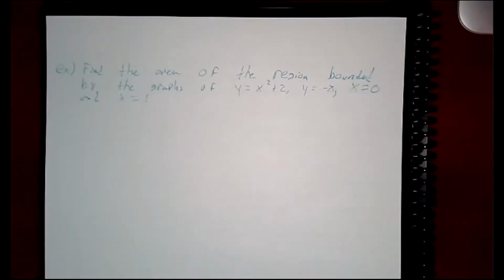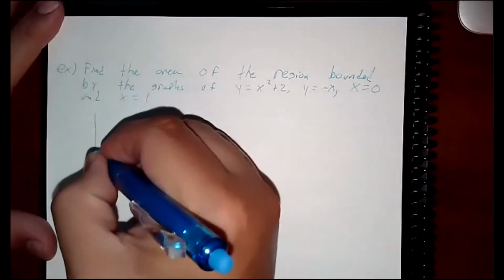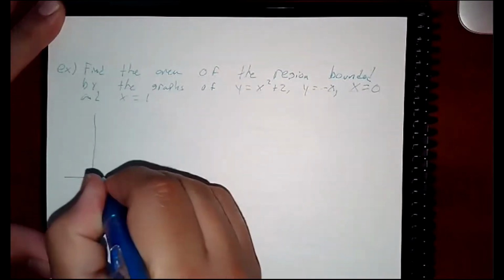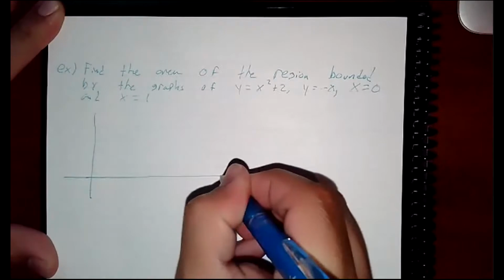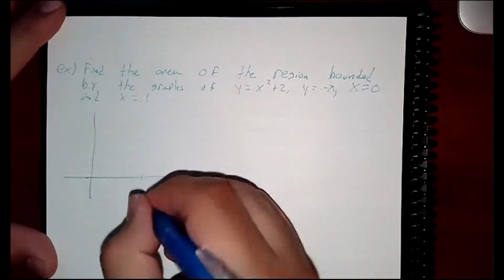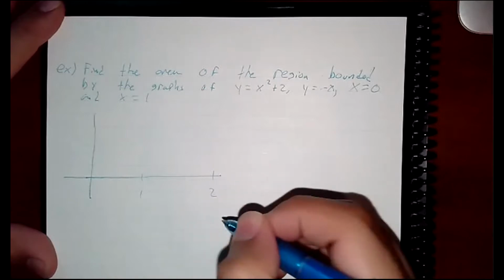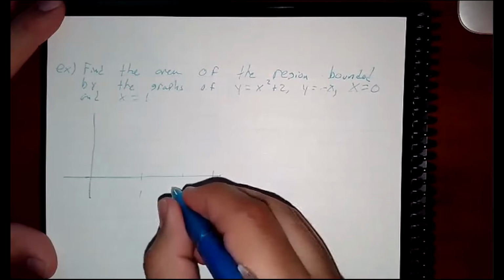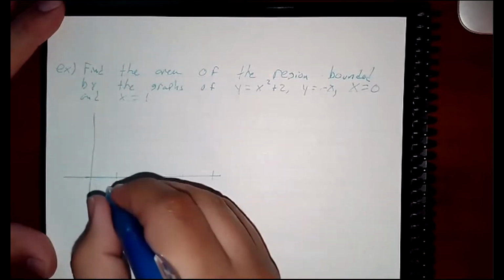So we have a bunch of functions. Here we go. Put 1 right there. We'll put 2 right here. This is 1.5, I guess. This is 0.5.